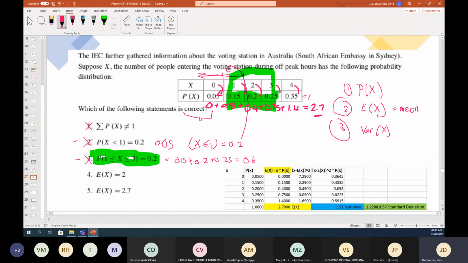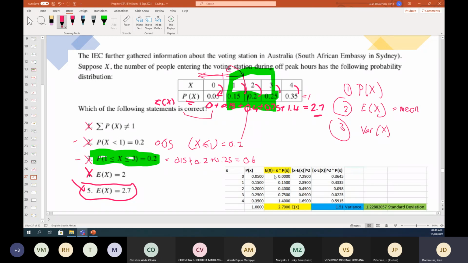Okay, so the right answer of the estimated mean is 2.7, so that would be your correct answer, and that would have been your incorrect answer.